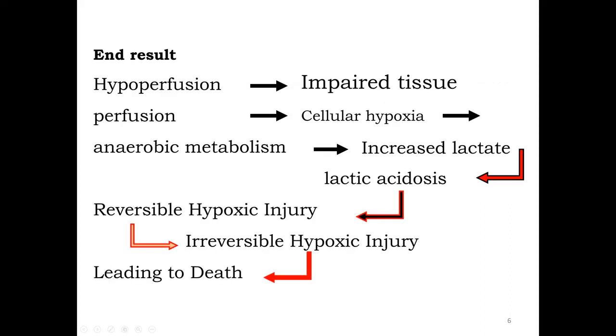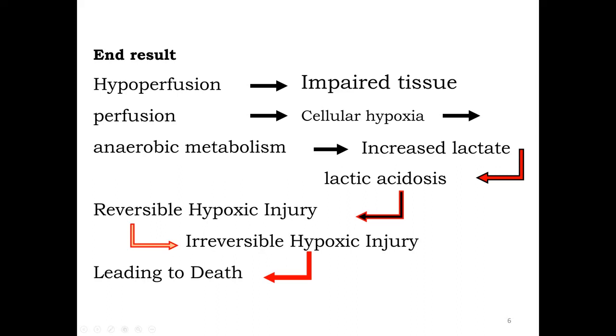Now, this is a sort of flow chart showing how shock acts. First, there is hypoperfusion of the tissues leading to impaired tissue perfusion, which leads to cellular hypoxia.